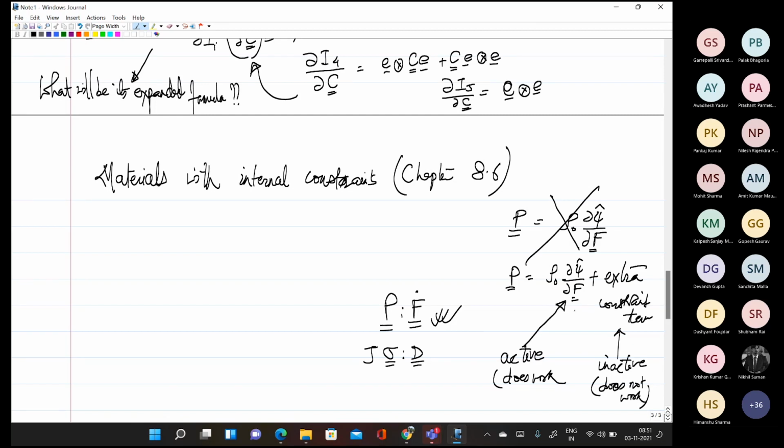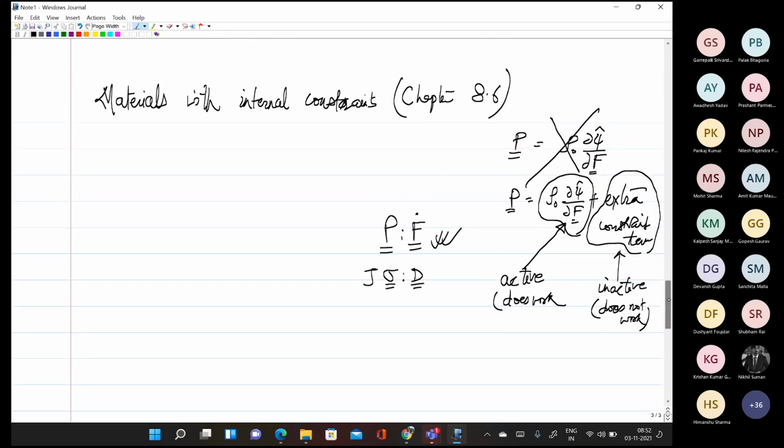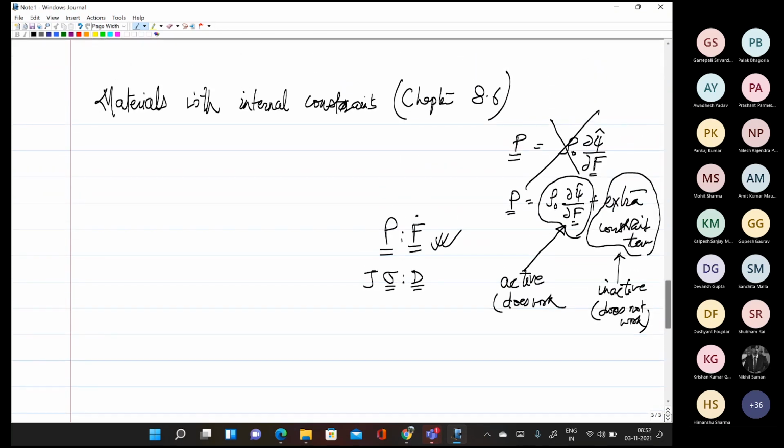Entropy inequality only tells us this part of P, but the other part of P cannot be determined from entropy inequality. Okay, let us now try to explore how that part will look. So thinking in an abstract way, we can say that the internal constraint could be given by some function of F.